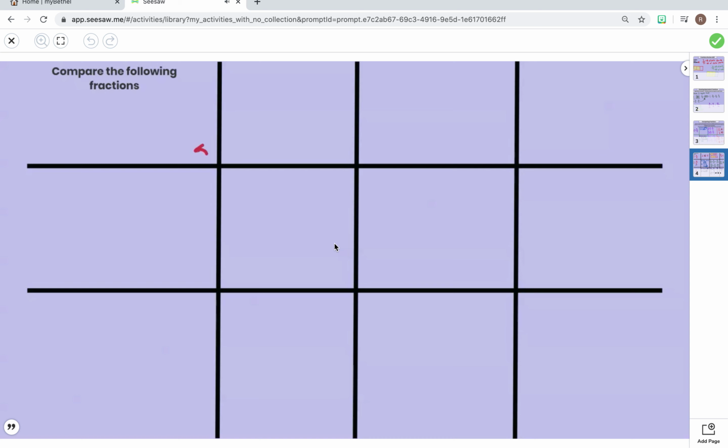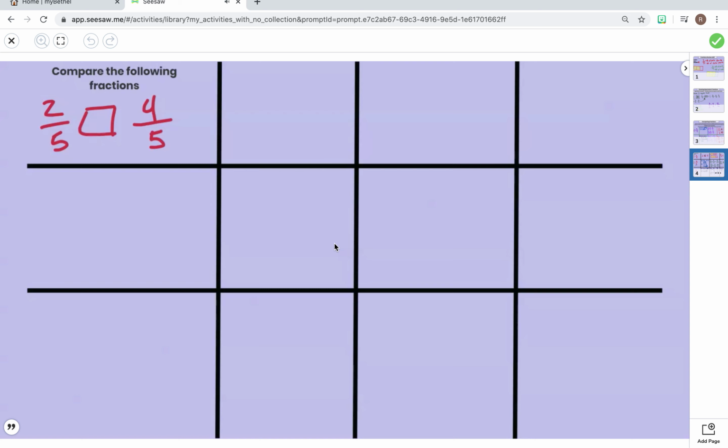For our first example, I want us to think about 2/5 and compare it to 4/5. When we think about our fractions, our denominator will say what our units are. Right now, we are looking at fifths.